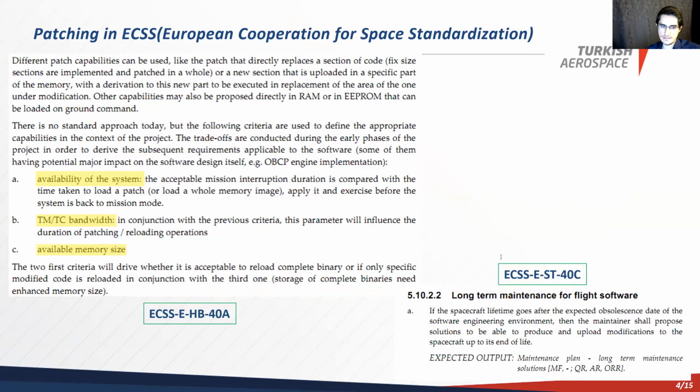You have a limited amount of memory, and you need to consider that while you are patching your system. And all of these are very important for the long-term maintenance of your flight software, and you can see this at the bottom right over here. ECSS standards emphasize on this very much.